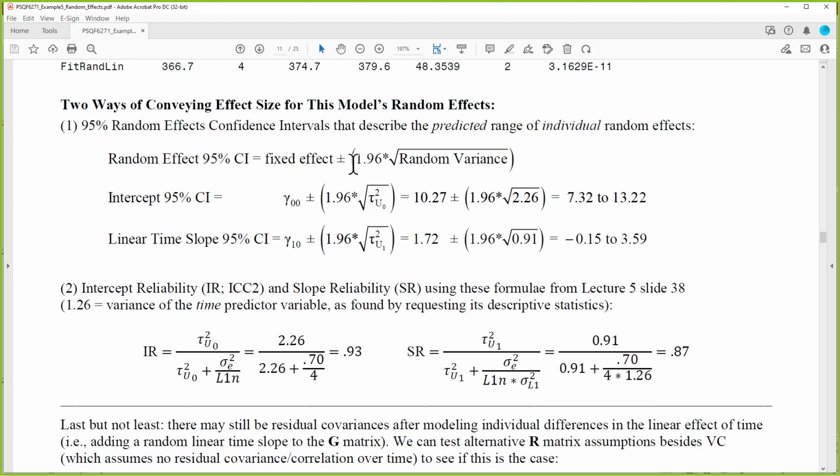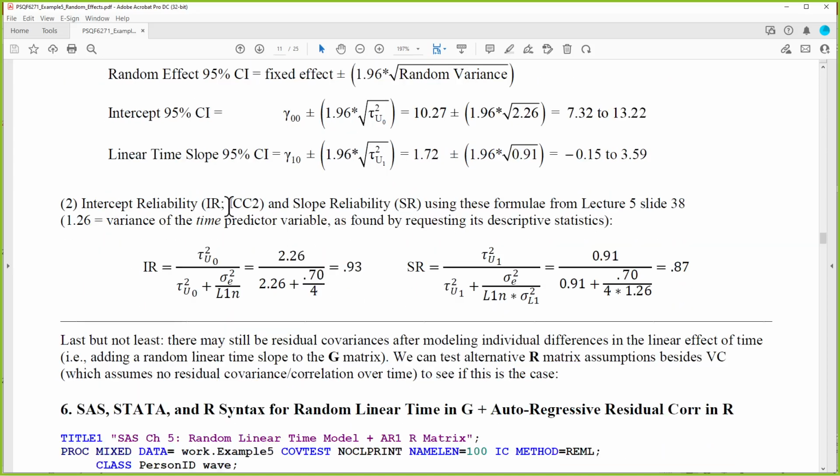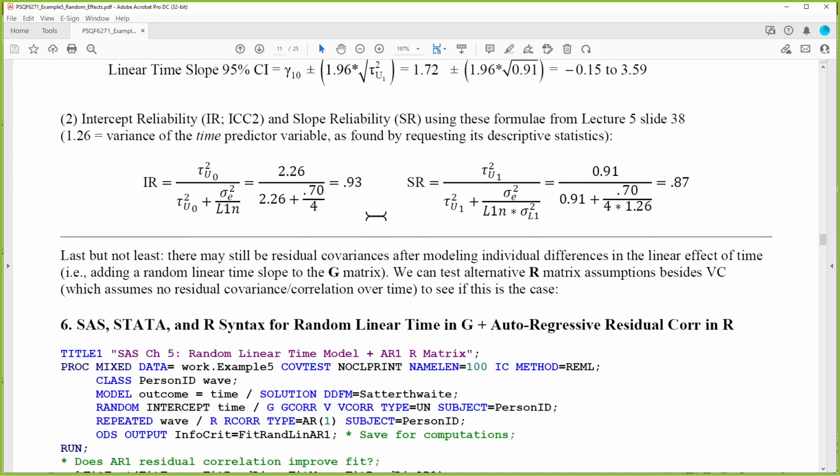So we looked at a new type of confidence interval to try and describe the extent of random variation, and you'll be asked to compute this in your homework, as well as other indices of reliability that are built on the classic idea of true relative to true plus error, where the error part is approximated by the residual variance for the intercept reliability, and that rescaled by the amount of variance in the time predictor. So this term right here is the variance of the level 1 predictor that the random slope is for.